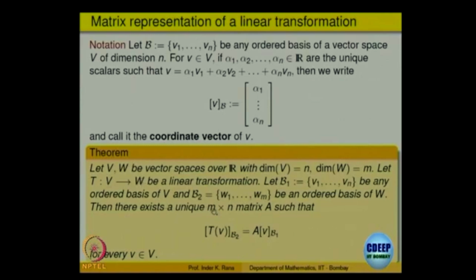There exists a matrix A such that the coordinate vector of T of V with respect to the basis in W is the same as the matrix A multiplied with the coordinate vector of V in the domain.